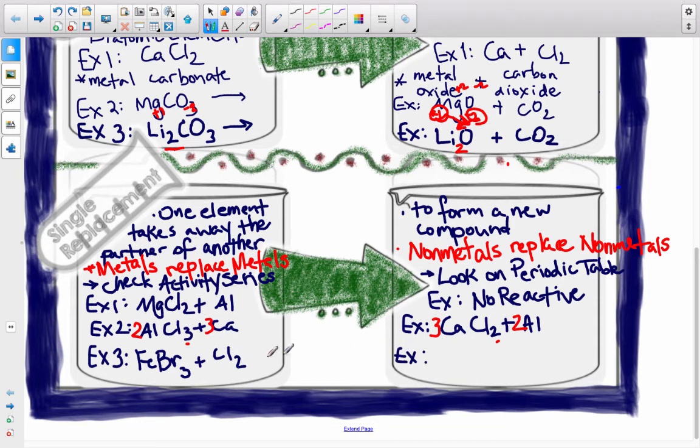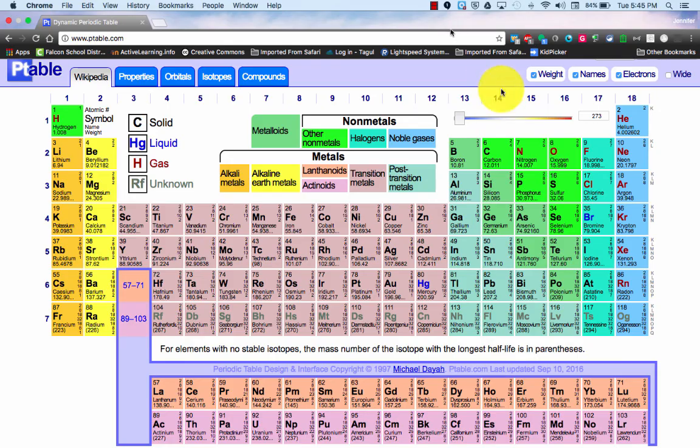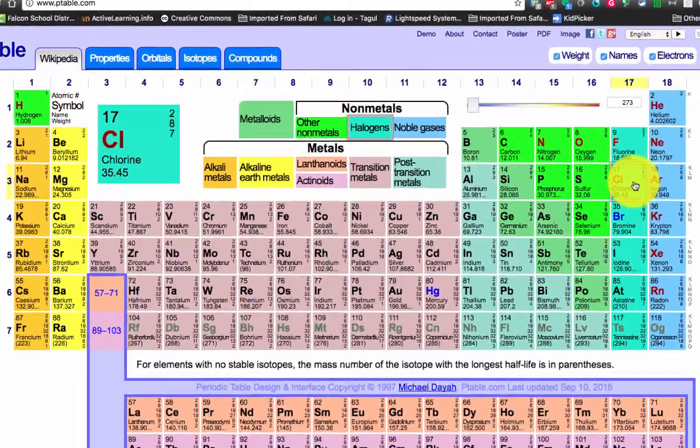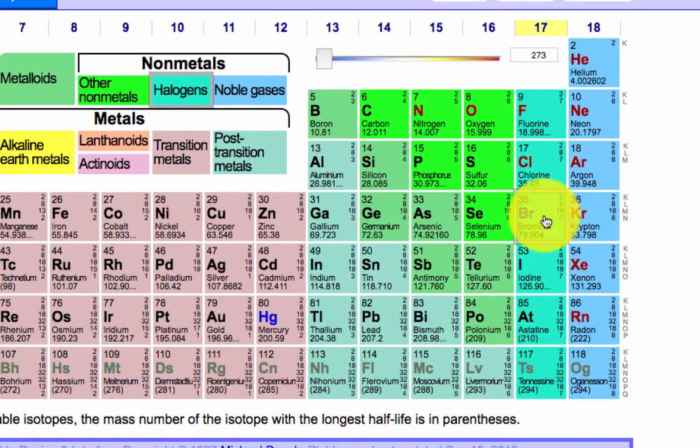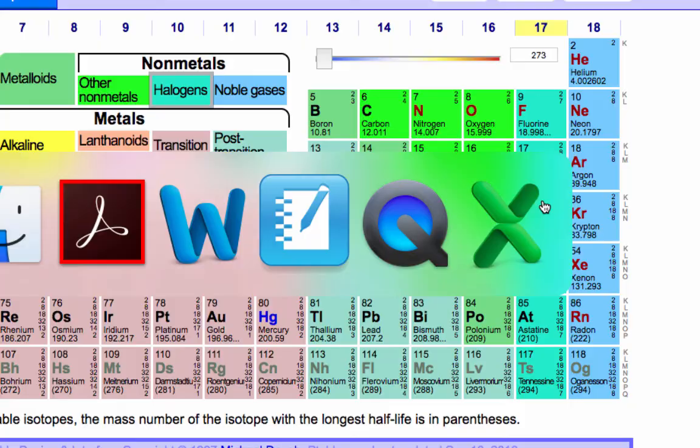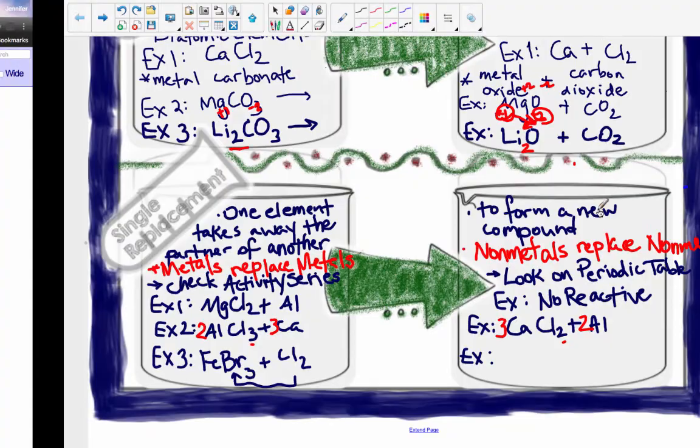So the question is, can the chlorine take the place of the bromine in this chemical compound? Is chlorine more reactive? Let's check the periodic table and see. Here we can see chlorine, and bromine is directly below it. Since chlorine is higher on the periodic table than bromine, that means chlorine is more reactive than bromine. Therefore, chlorine will steal away the partner from our bromine in this example.